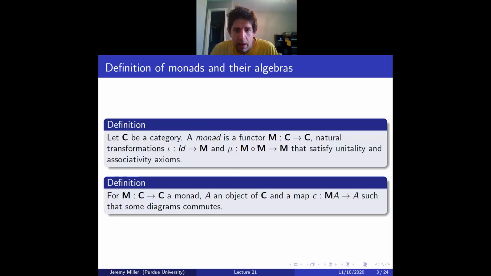And an algebra over a monad is an object of the category, and a morphism in the category from the functor applied to the object that makes diagrams commute. You should think of this as analogous to a group action, or if M is a group.